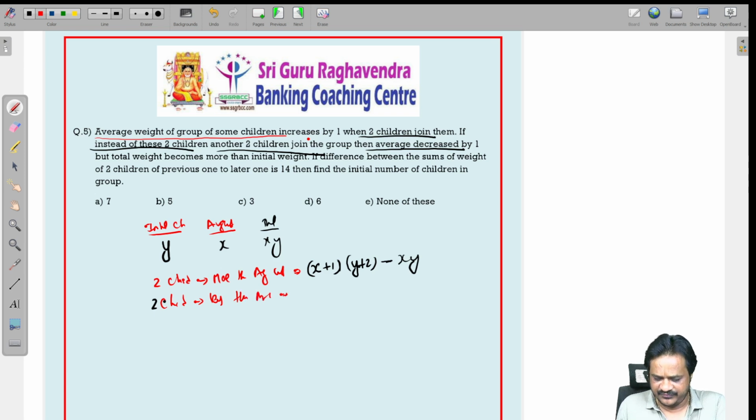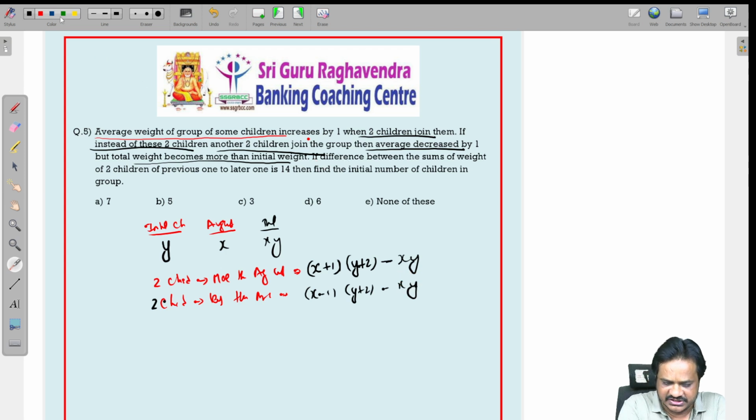So now the average x is decreasing by 1 means x minus 1. Now again the children are same, it is y plus 2. Again it will be minus xy. But the total weight remains more than the initial weight. Why am I taking x minus 1 of y plus 2 minus xy instead of xy minus this? Because the total weight becomes more than the initial weight.